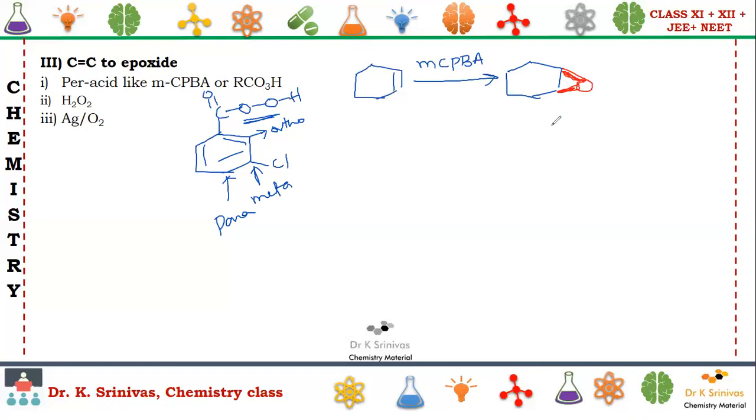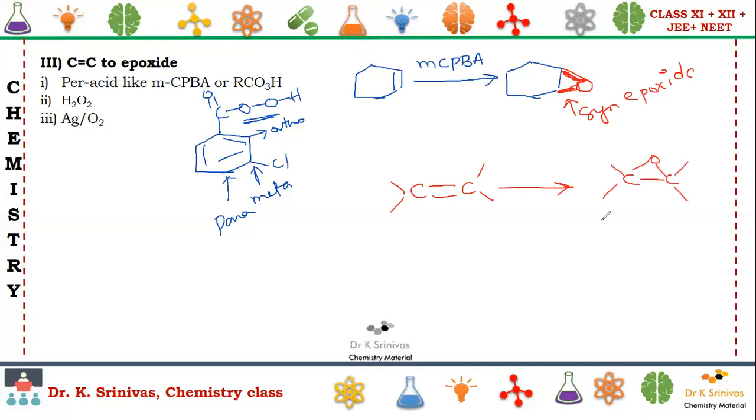Over here, this center, you are seeing these lines above the plane. This is nothing but a syn epoxide. Similarly, we are going to get epoxides. What are epoxides? We will write in general form: C double bond C like this. On reaction with peracids, or H2O2, or silver in the presence of oxygen, we are going to see a compound like this.